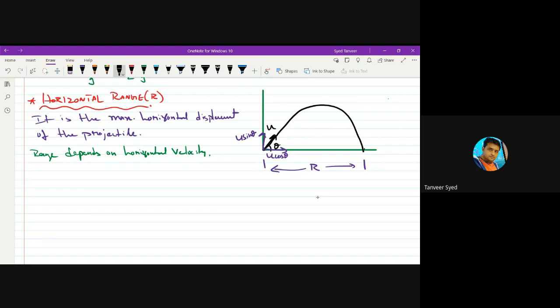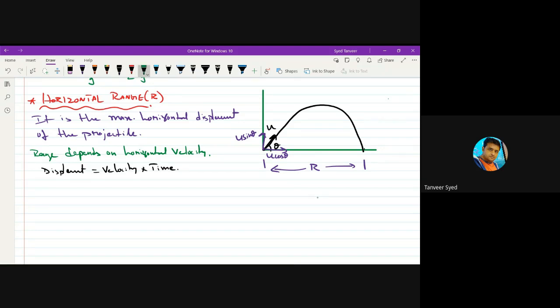If you remember, the motion of a projectile in horizontal direction is uniform motion. Velocity remains constant in horizontal direction. So if motion is uniform, we need not use the kinematic equations. We will use displacement equal to velocity into time.